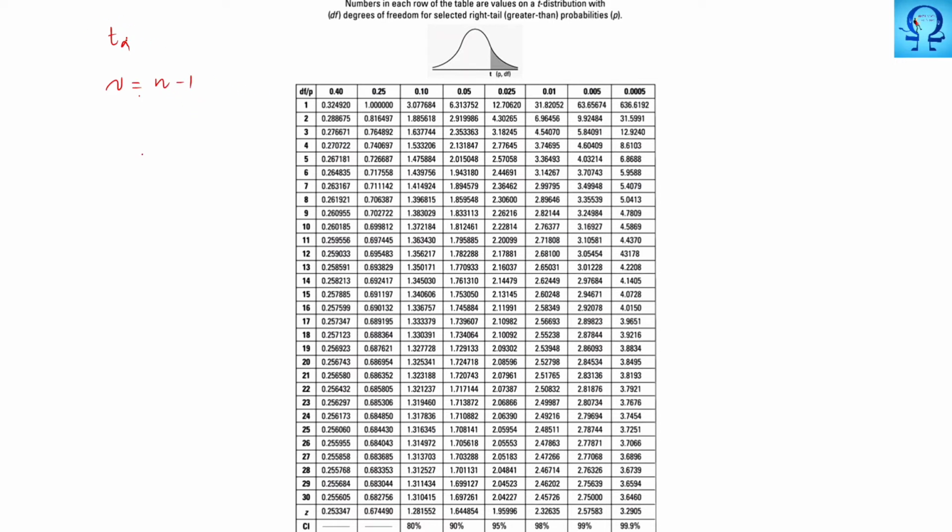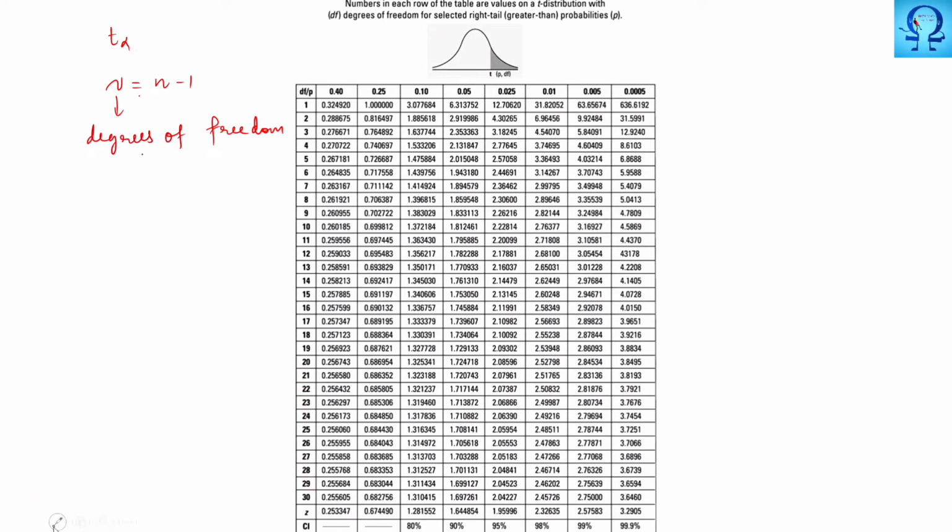This t alpha is going to give you a value that is found inside the table. This nu, known as degrees of freedom, is found on the left side of the table.